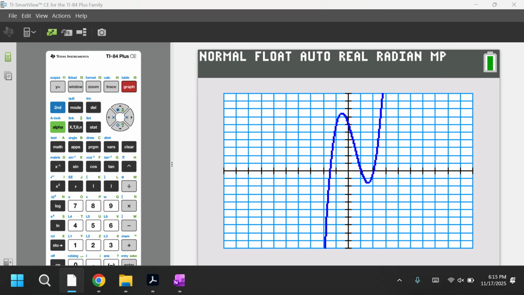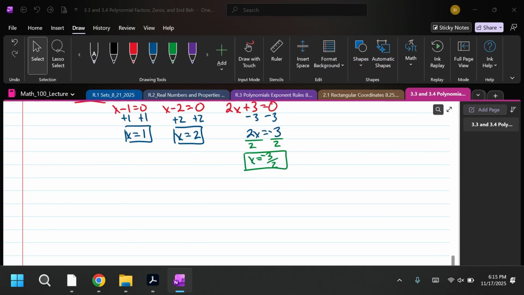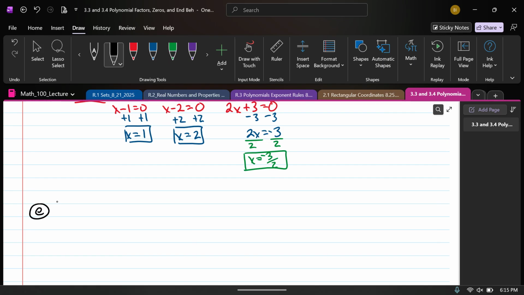Okay, so let's go here. Make sure my video is still going. It is. Okay. All right. So let's say we had example E. It says f of x is equal to 4x cubed plus 6x squared minus 2x minus 1.